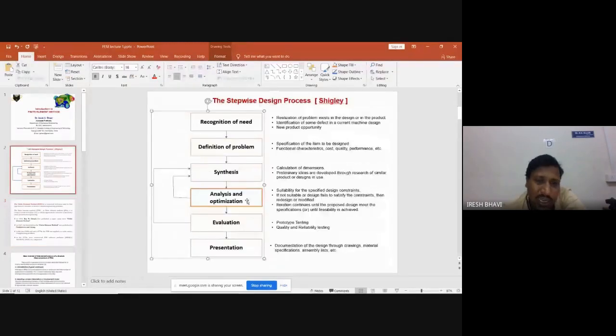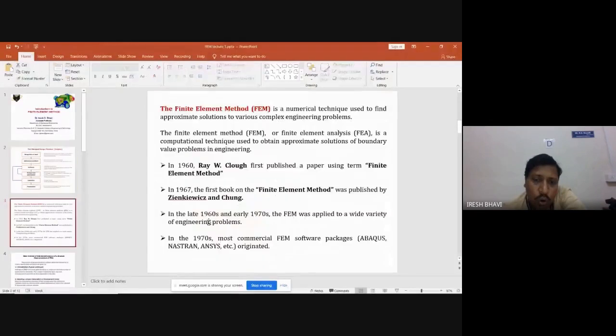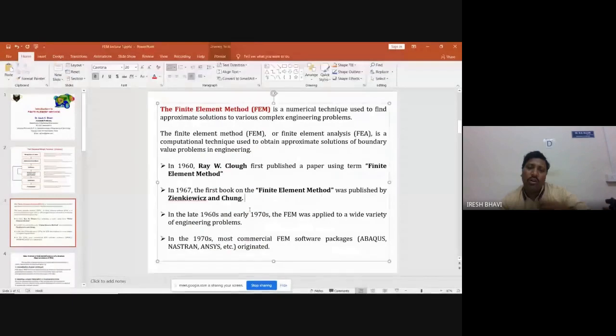For example, suppose you want to calculate the area of any irregular shaped body. For example, suppose I want to calculate the area of this. Suppose this is a trapezium.